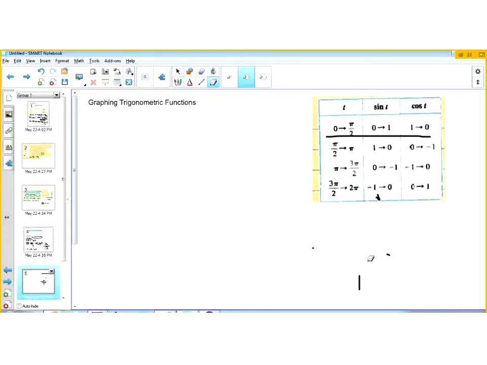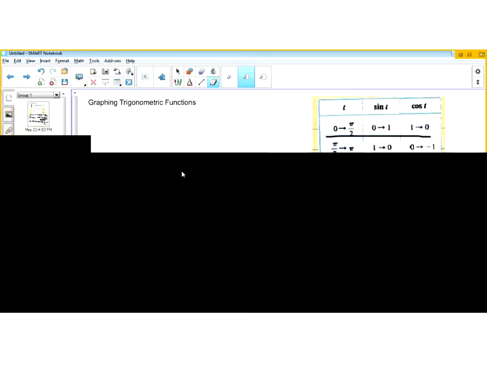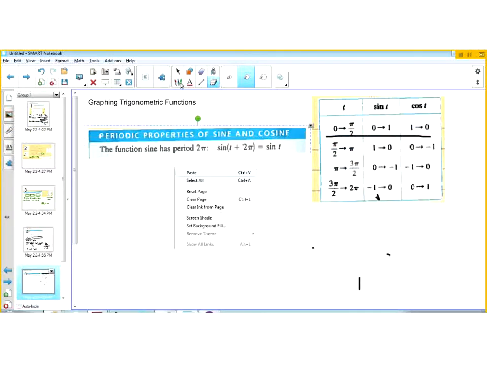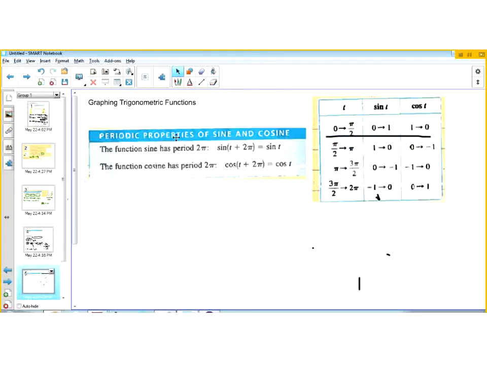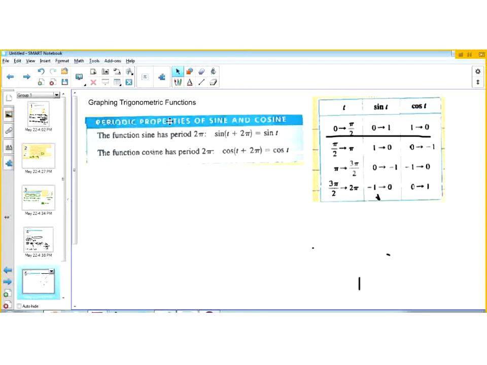And so we'll translate that into a graph. But before we do so, I want to talk about the periodic properties of the functions. So we have this result. The sine function has a period of 2 pi.